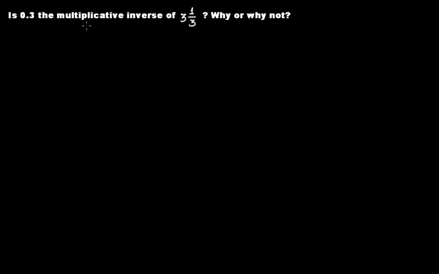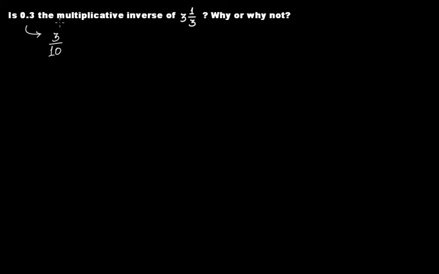Is 0.3 the multiplicative inverse of 3, 1 by 3? Why or why not? Now this 0.3 can be written as 3 divided by 10, 3 by 10. We know this, right? Now you have to tell whether 3 by 10 is the multiplicative inverse or reciprocal.